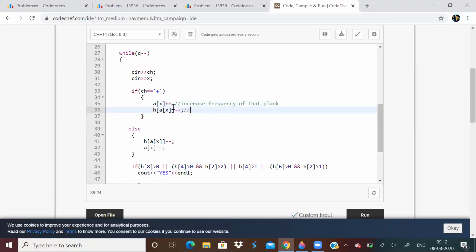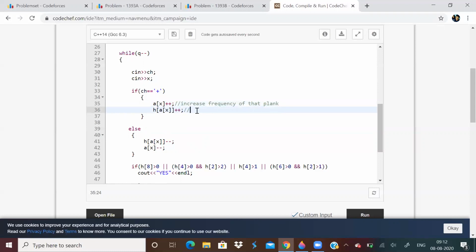And we also have to increase the frequency of this frequency. That means, suppose this A of X was initially 3. Now A of X plus plus, it became 4. That means there is another element now having frequency 4.